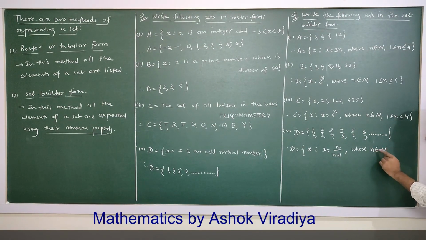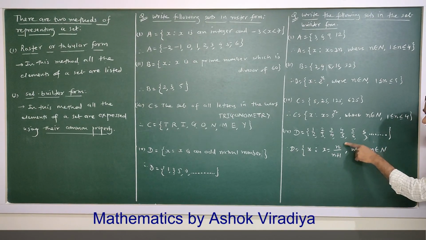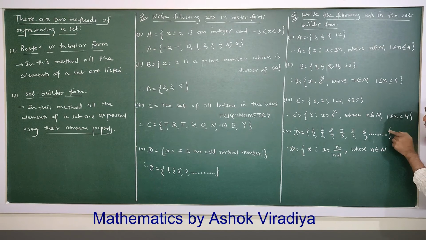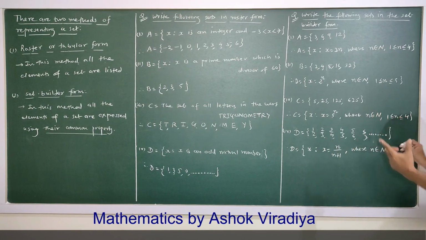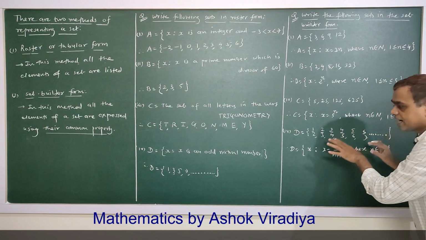Say here n belongs to N. If you put 1 crore, somewhere there will be the element 1 crore upon 1 crore plus 1, like that. So putting all the values of small n, one by one, all infinite numbers, we are getting infinite values of x. So this is the set in set builder form.